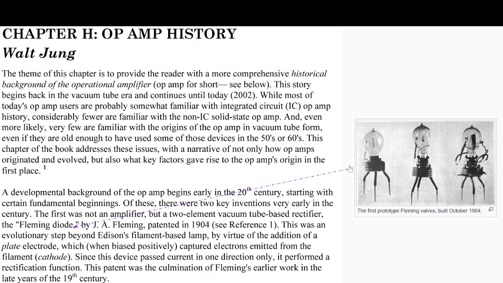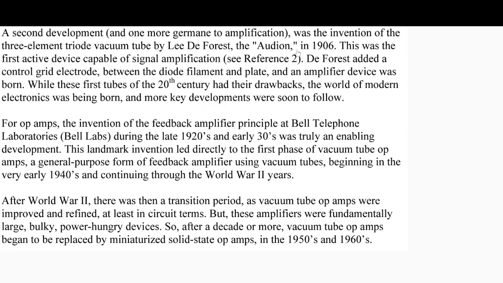The work of Fleming is called the Fleming diode. Okay, that's what you see here. It's a very interesting and important read, and Fleming's earlier work was in the 19th century. So it wasn't an amplifier. It wasn't amplifying signals. It was simply used to rectify the signals. And rectify means behaving like a diode, and I think we are pretty familiar with this term.